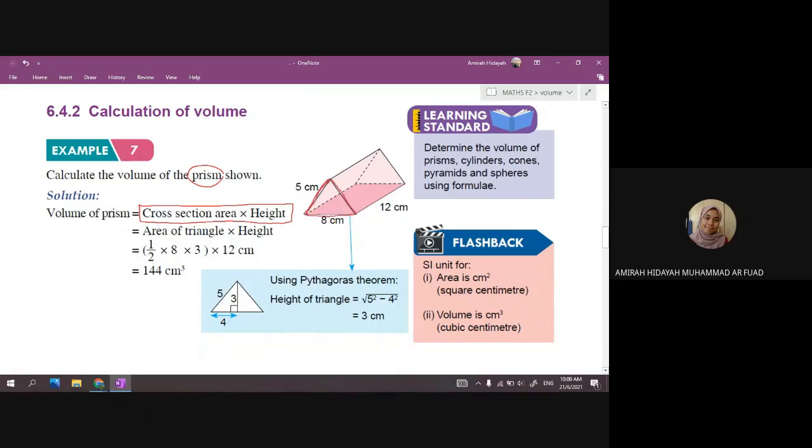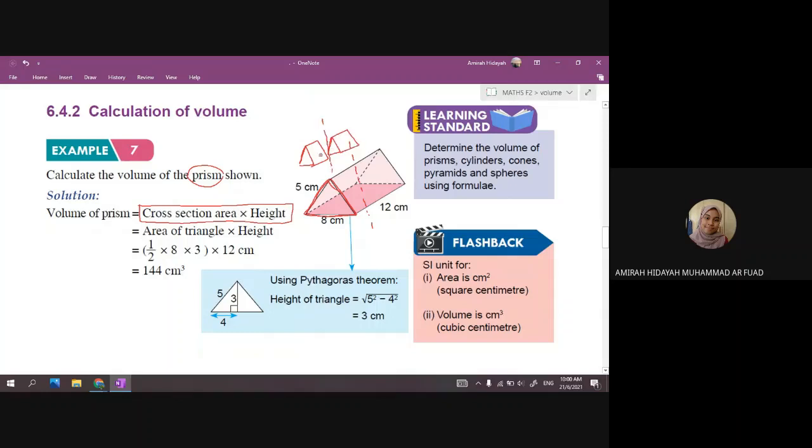Why is this the cross section? Because you remember cross section ni is when you cut straight the solid. So kalau kamu potong prism ni, kamu akan dapat dua bahagian. Ni tempat yang kamu potong tadi.